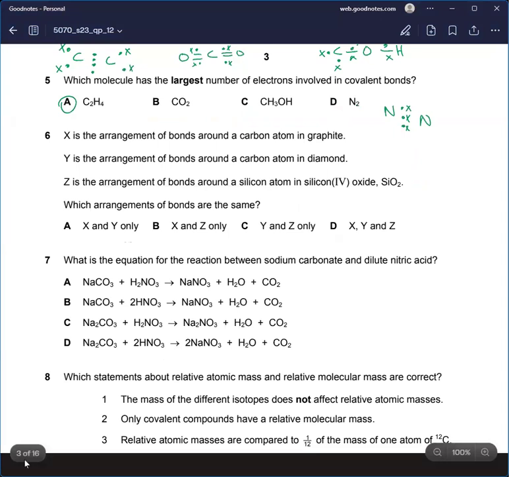The next question is, X is the arrangement of bonds around a carbon atom in graphite. Y is the arrangement of bonds around a carbon atom in diamond. Z is the arrangement of bonds around a silicon atom in silicon dioxide.